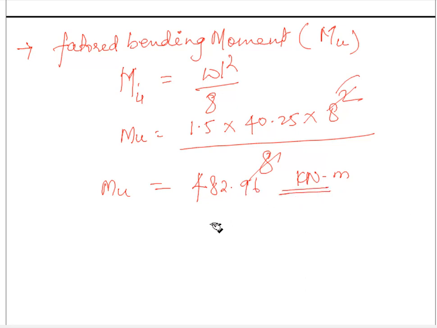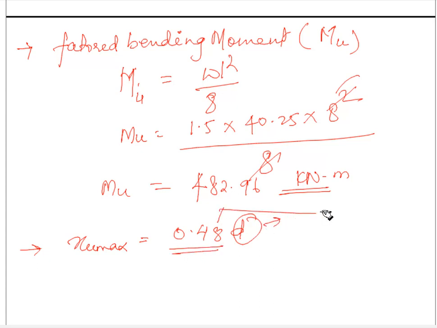For this moment we need to design this beam. Now we have to calculate XU max. Similarly to the singly reinforced beam, XU max equals 0.48 D, where D is your effective depth. 0.48 is for Fe415.